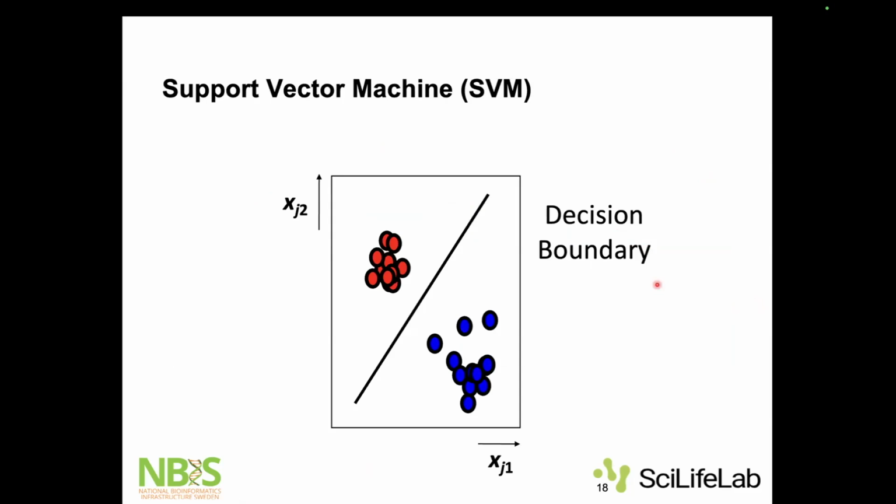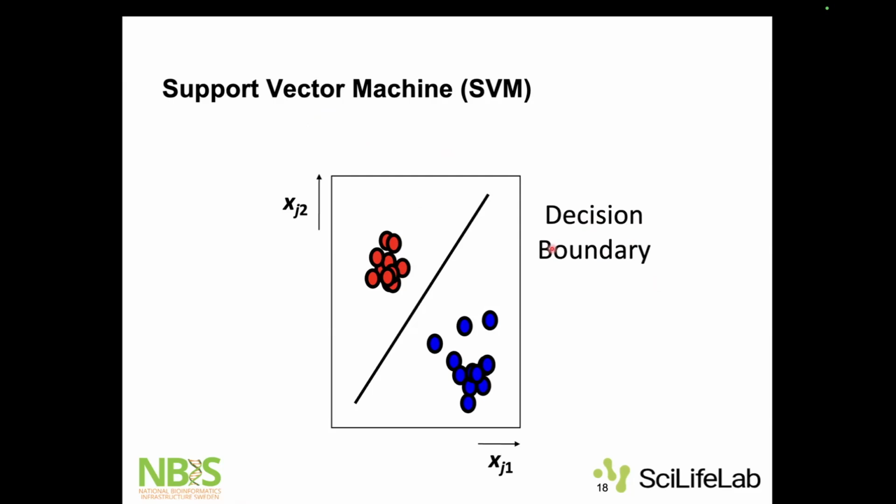The other classifier that we talk about is support vector machines. They are one of the relatively simple classifiers, and one of the most famous, and they usually perform very well.